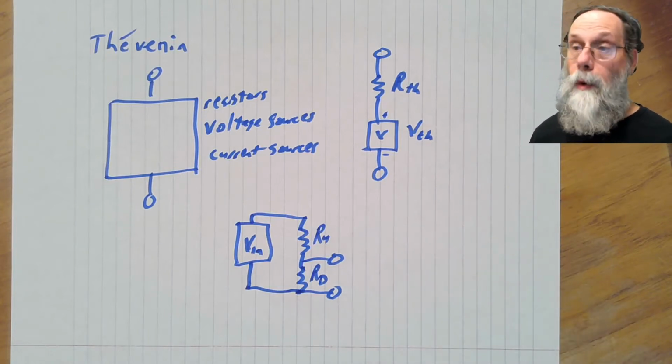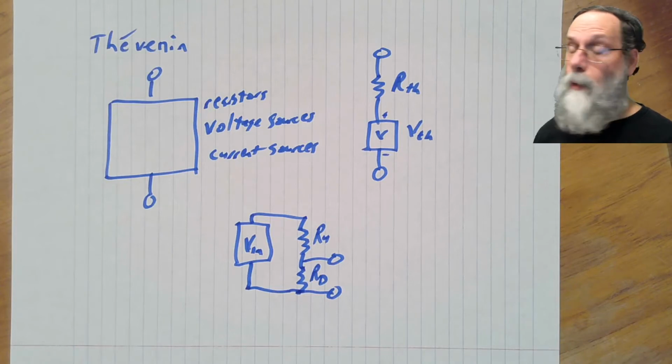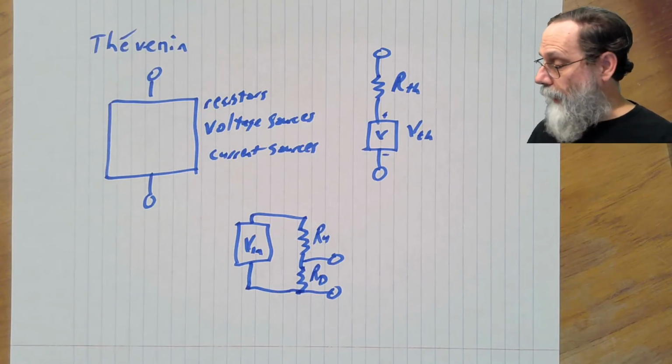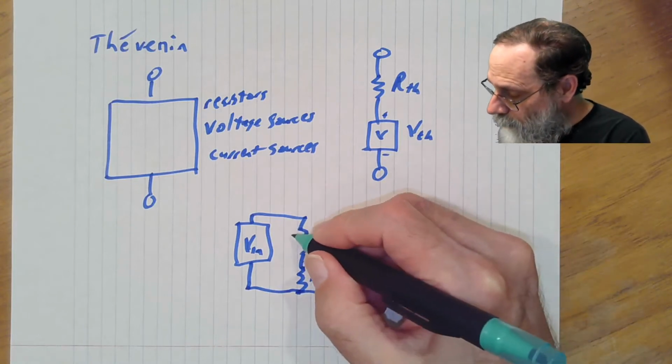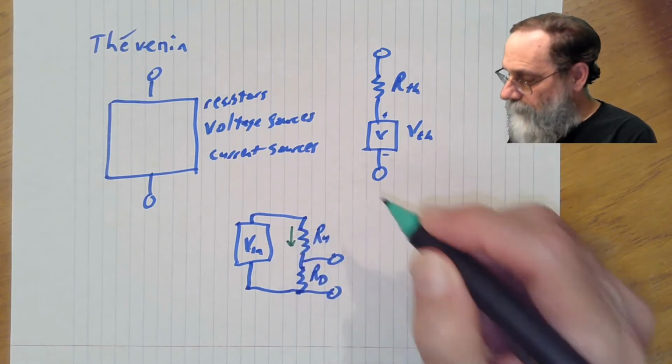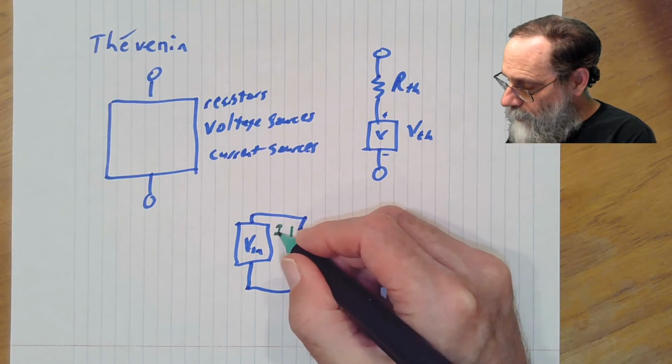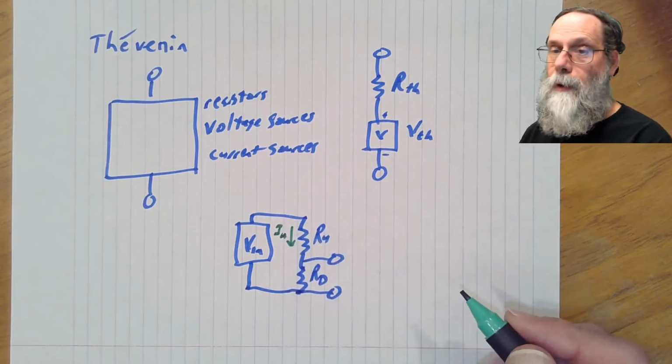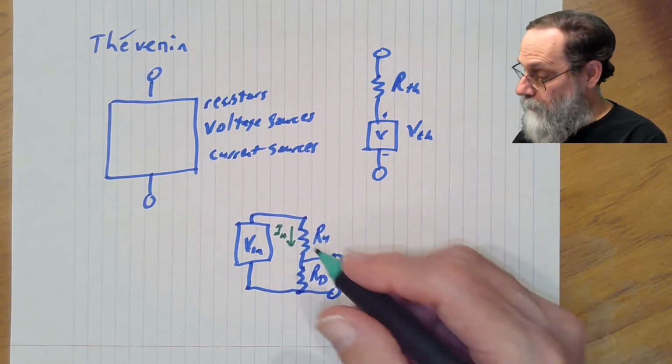Okay, what we're going to do is to look at what currents we have. And there are three currents we can look at. I will call this one IU, the one that goes through the Ru resistor.